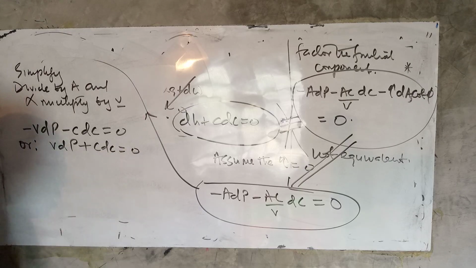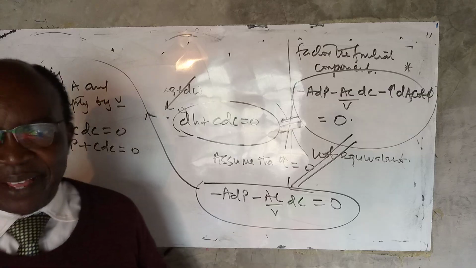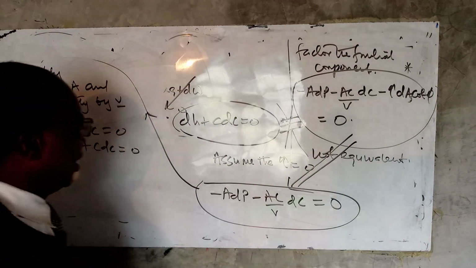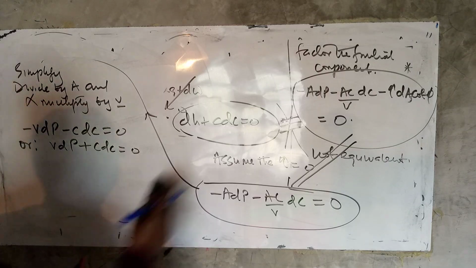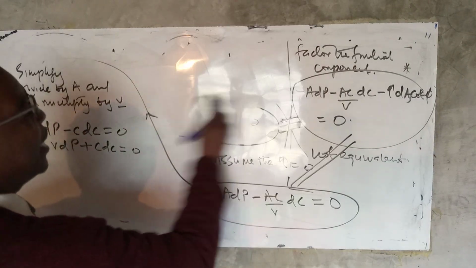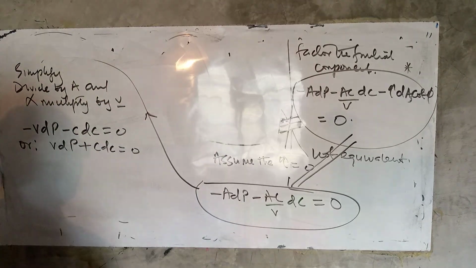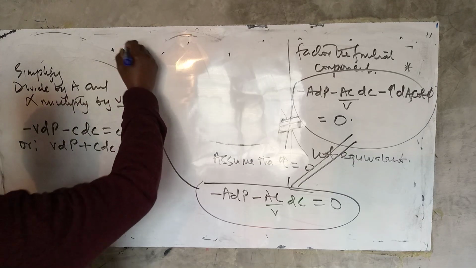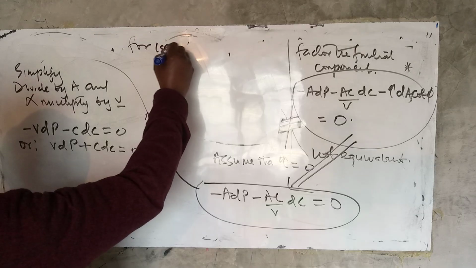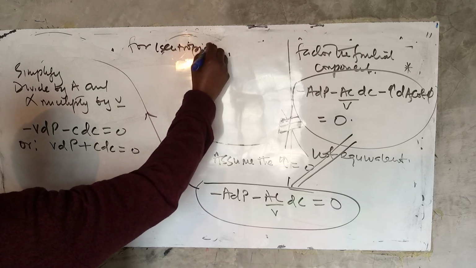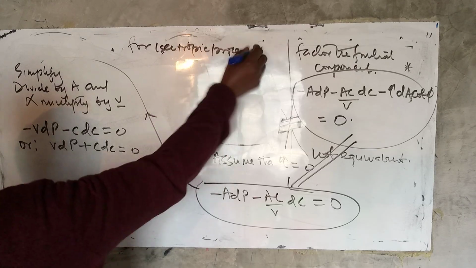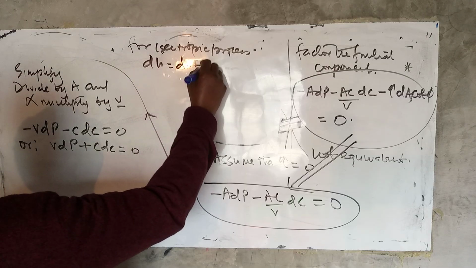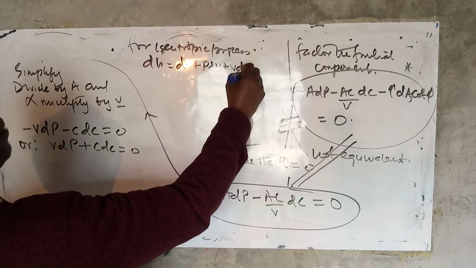Now, you remember that if we are dealing with an isentropic process, let's just remind ourselves so that you never get lost. For an isentropic process, remember that dH equals dU plus P dV plus V dP.